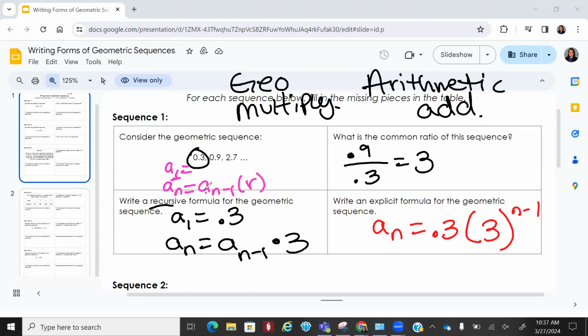So for instance, a sub 1 on this one is 0.3. If we were finding the third term, we would take the second term, which is 0.9, and multiply it times 3. That would give us our third term. That's how you use the recursive formula.